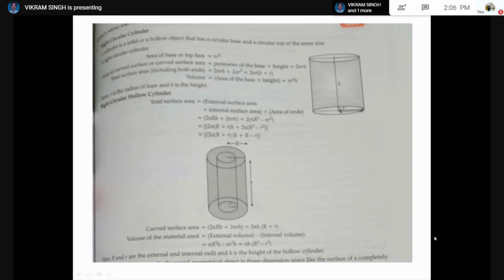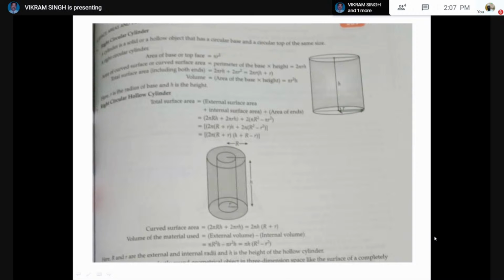Obviously it will be pi r square multiplied by h, because we have the base as a circle. Everybody knows the area of the circle is pi r square, where r is the radius of the circle and h is the height of the cylinder. So the volume becomes pi r square h.